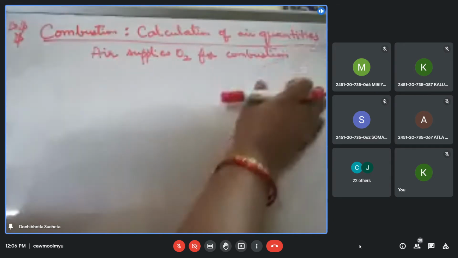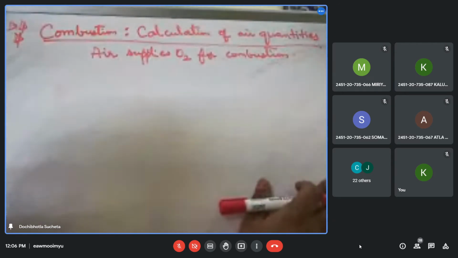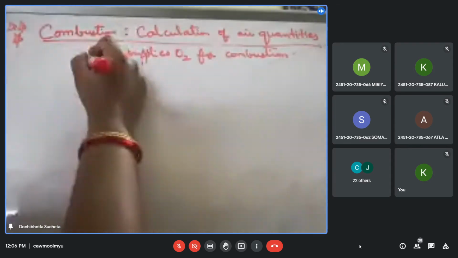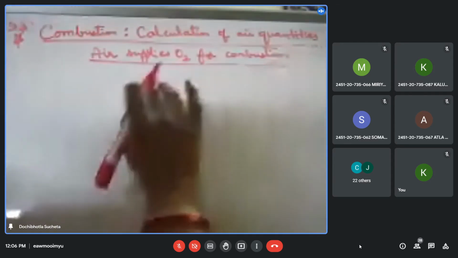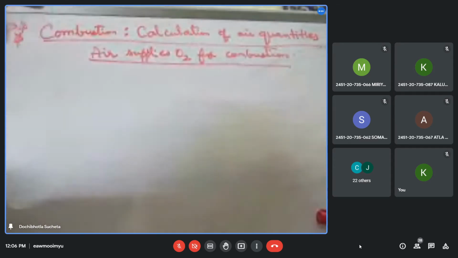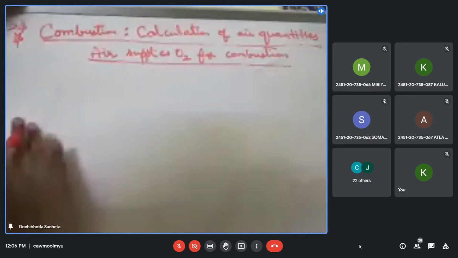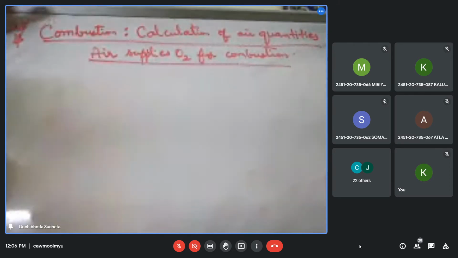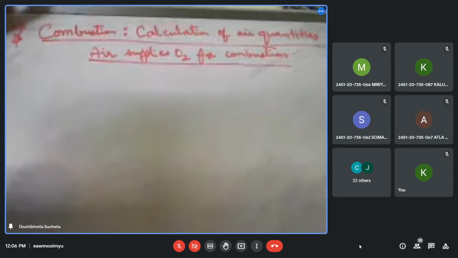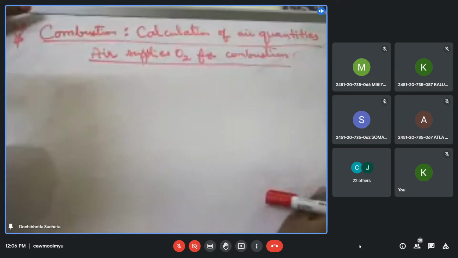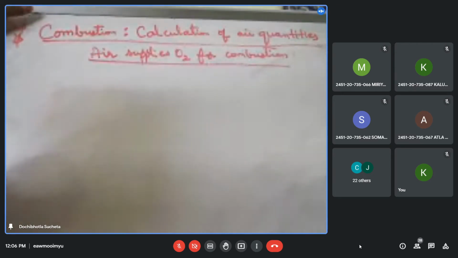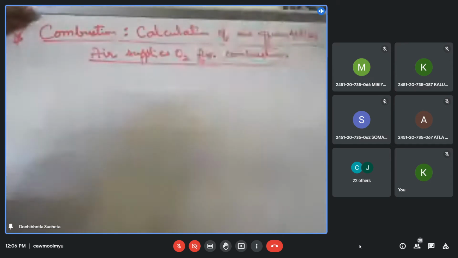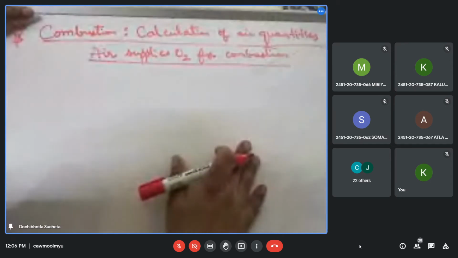But air does not have only oxygen; there are various other gases associated with air. So how much air should be supplied so that the combustion is 100% is the subject of discussion now. That means for the complete burning of the fuel, how much air has to be supplied so that it can give the required oxygen for complete combustion of the fuel.